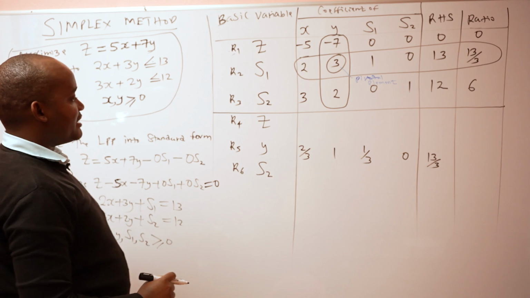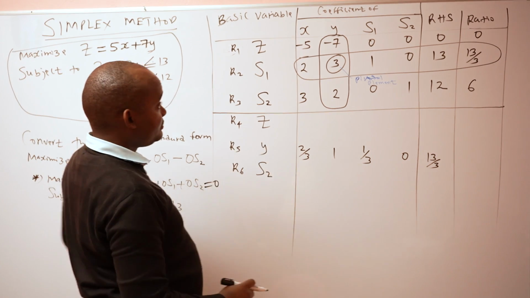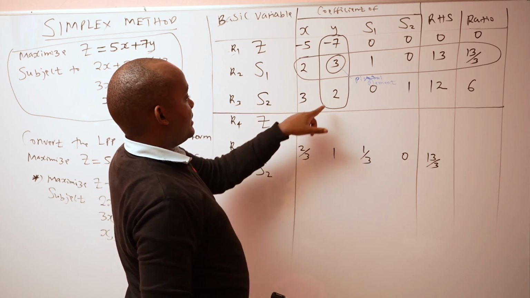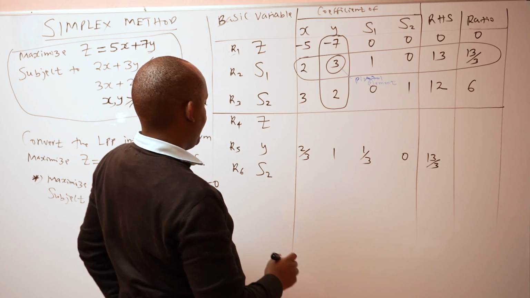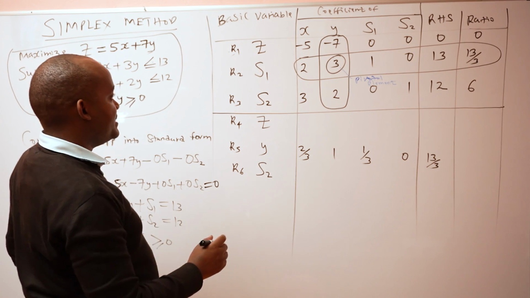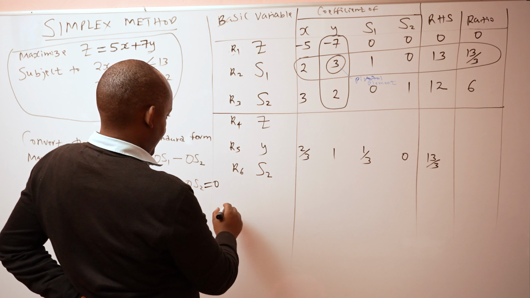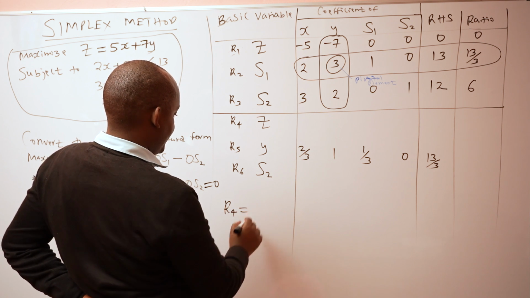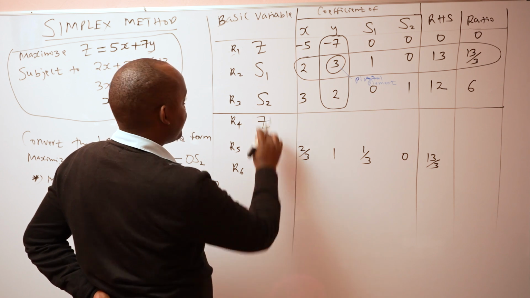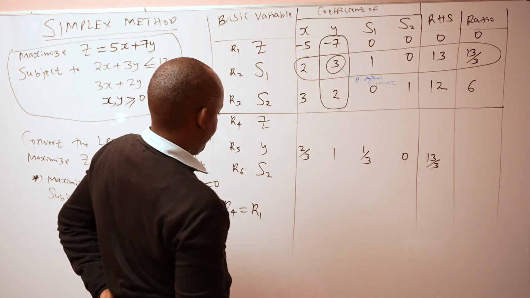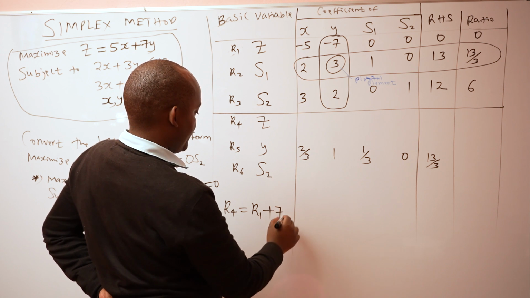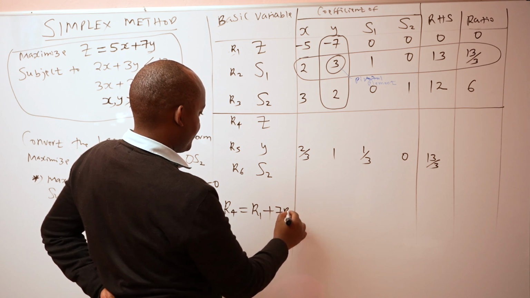So we construct our new row 4 by making sure that this entry will be 0 and this entry will be 0 as well. The most suitable operation there will be that row 4 is given by row 1 added to 7 multiplied by row 5.